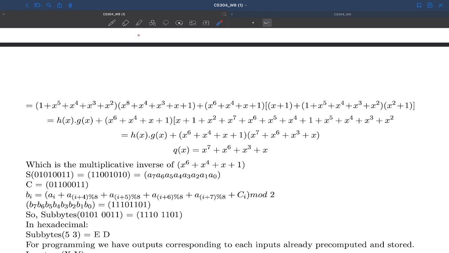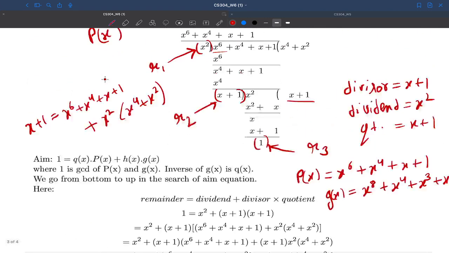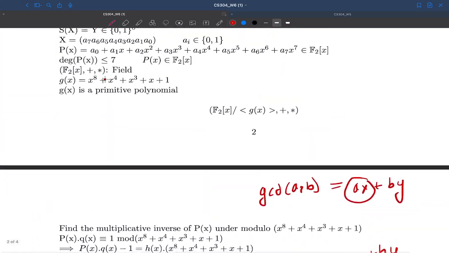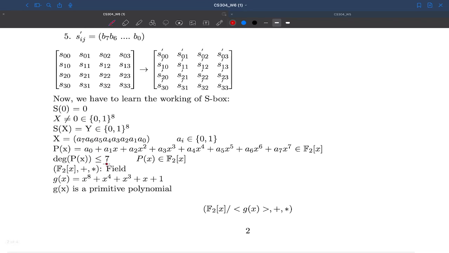Okay. So we started with P(x). We found its inverse q(x). Now what was P(x)? P(x) is the polynomial that we got after transforming that binary string that we transferred to the S-box here.